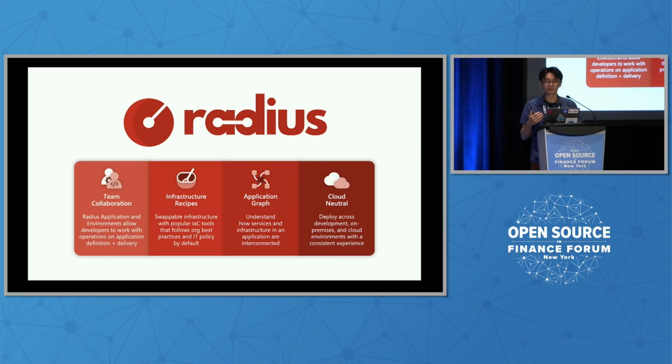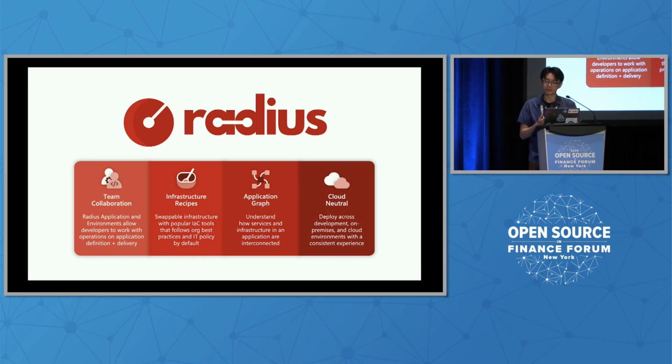Radius introduces this application and environment model that allows developers to work closely with their operations teams and their DevOps teams to collaborate on delivering an application and deploying the necessary infrastructure for the application.